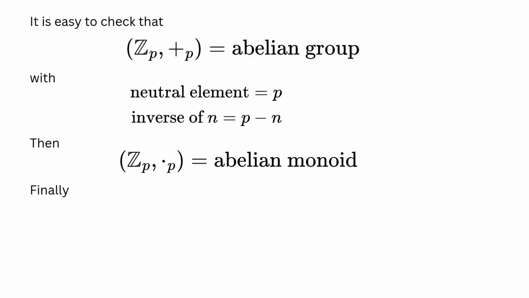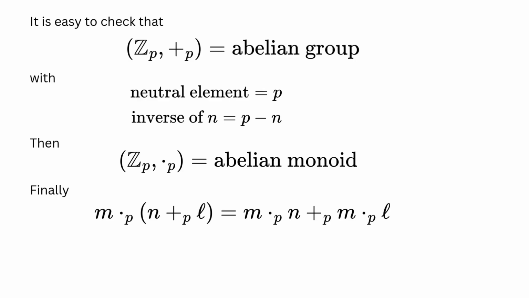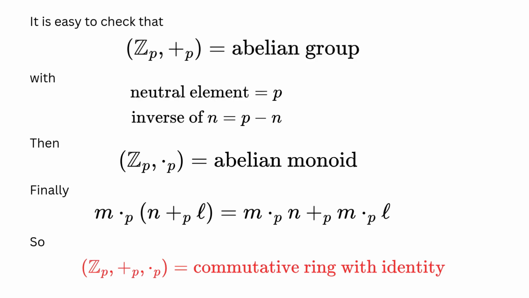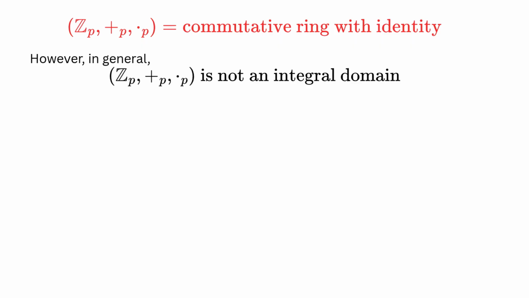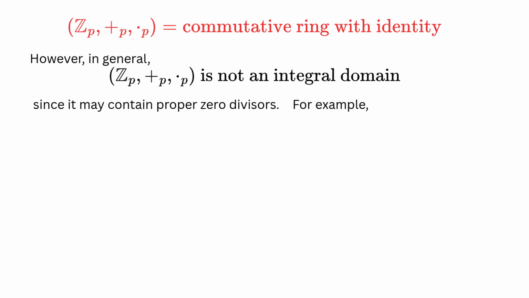Finally, dot p is distributive relative to the plus p operation. So, Z_p endowed with both operations is a commutative ring with identity. However, in general, it's not an integral domain. It may contain divisors of 0. For example, for Z_12, notice that the product of 3 and 4 is the neutral element 12. Therefore, 3 and 4 are proper zero divisors.